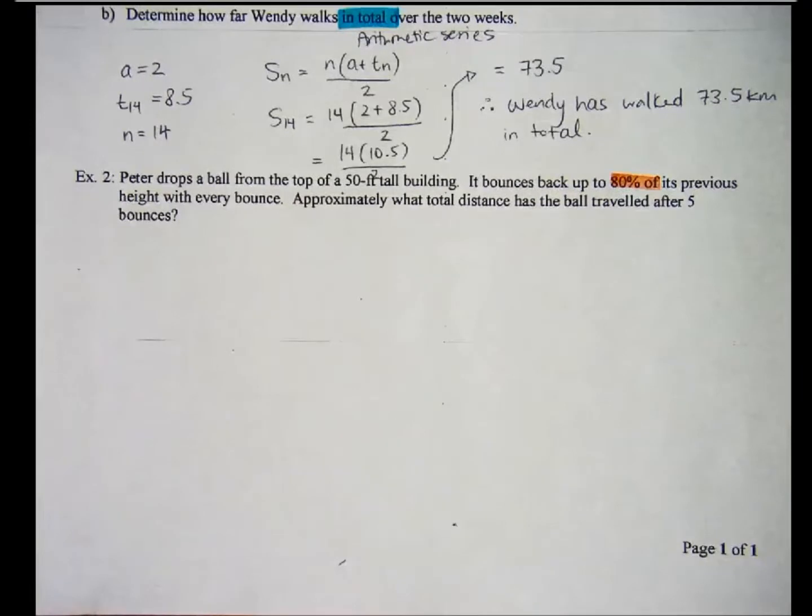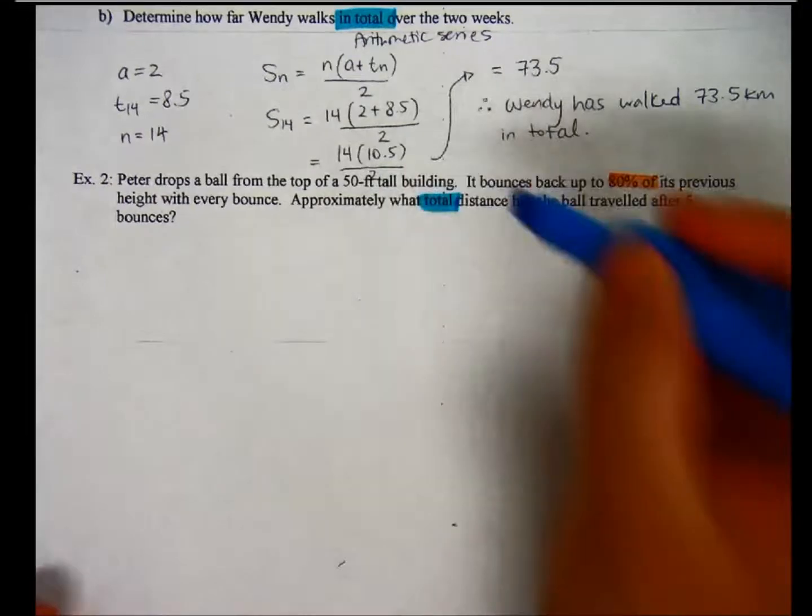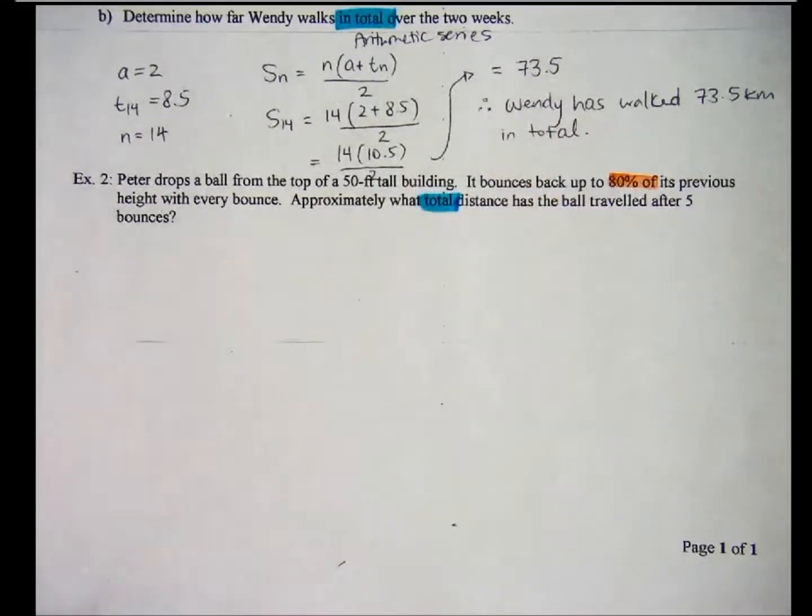If you read one of the tips under number 1, it says if you see percentage of in the question, then it's probably a geometric sequence or series. And also, I see the word total. So that tells me that we are dealing with a geometric series problem this time.